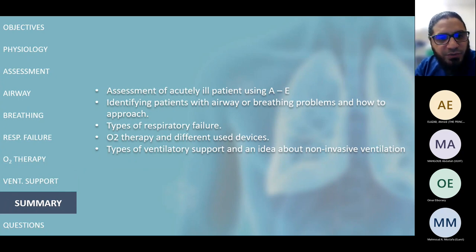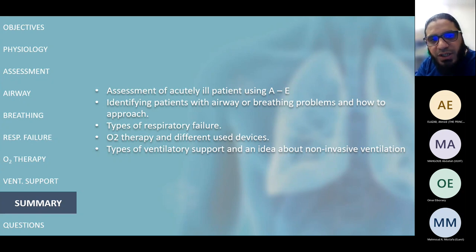Now I'm coming to the end of our lecture today with a brief summary. We talked about how to assess an acutely ill patient using the A to E approach, identifying the problems and treating them before moving to the next step. We have given an idea about how to identify a patient with airway problem and breathing problem and how to approach them.